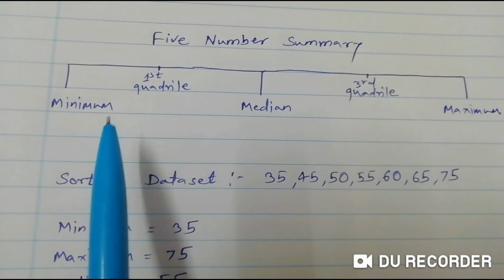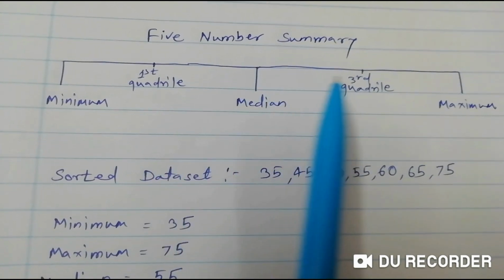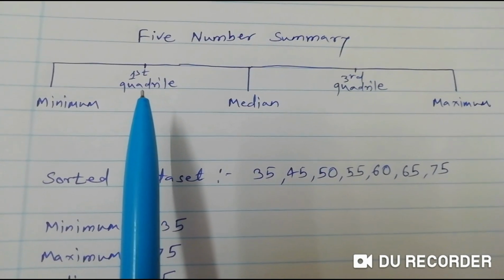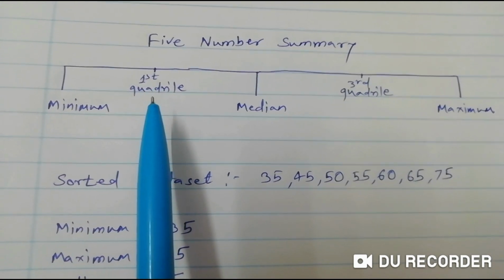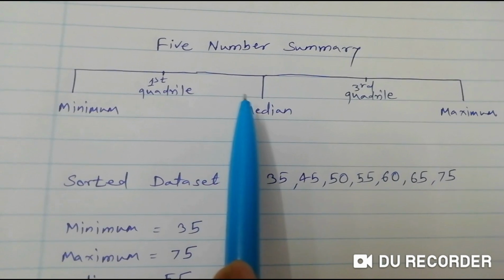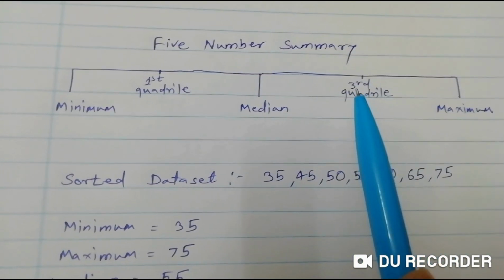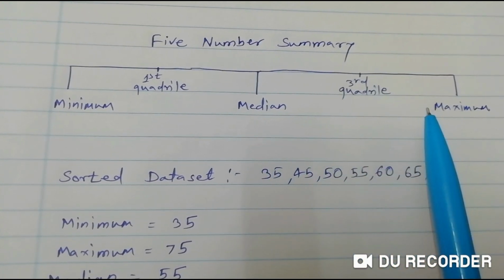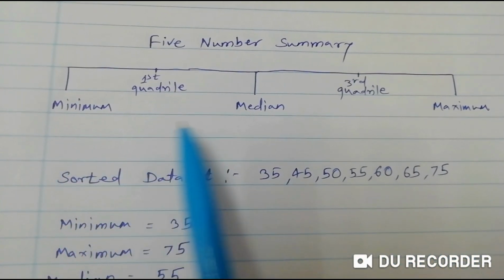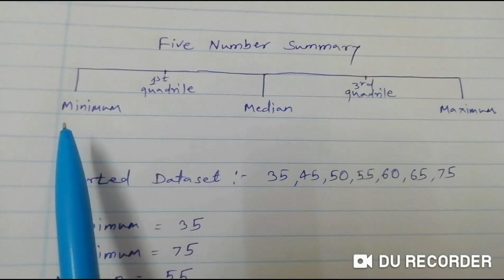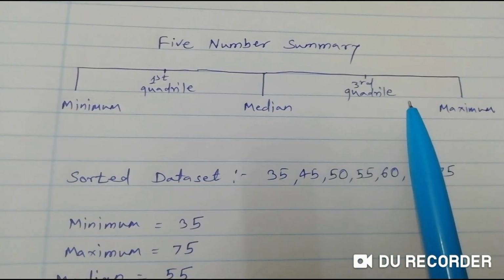Now we will see how to calculate the first quartile and third quartile values. If you look carefully at this diagram, the first quartile is nothing but the median of the minimum and median, and the third quartile is nothing but the median of the median and maximum value. This means we have divided our total data set with the help of the median. So this is a 50% part and this is a 50% part.